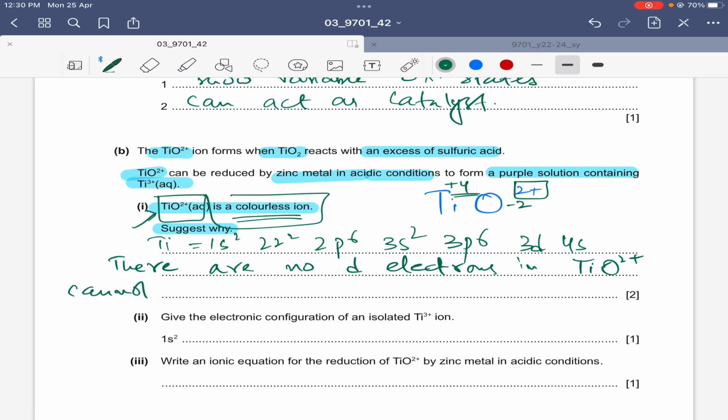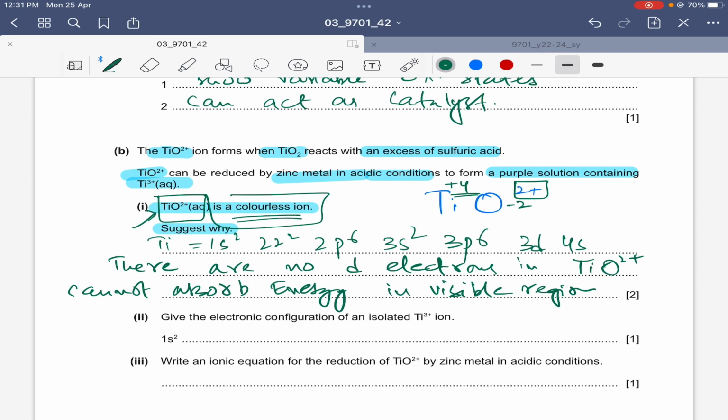cannot absorb energy or light in the visible region, as it does not have any electrons present in d orbitals. That energy gap between d orbitals is responsible for the color of the complex. But if there are no electrons present in the d subshell or d orbitals, that means it would be a colorless solution.